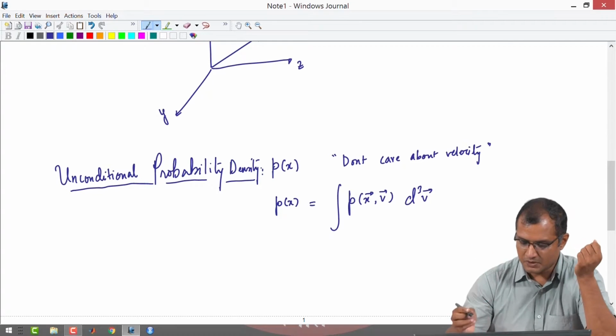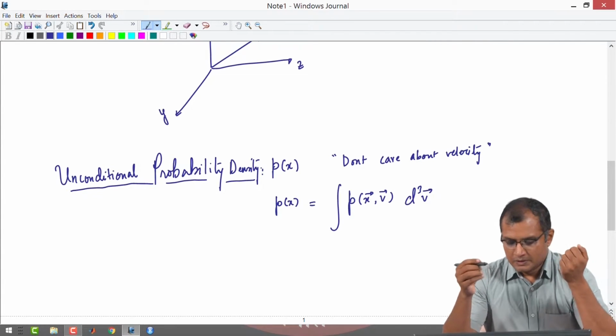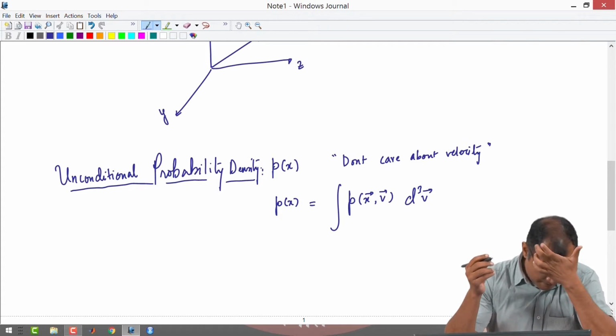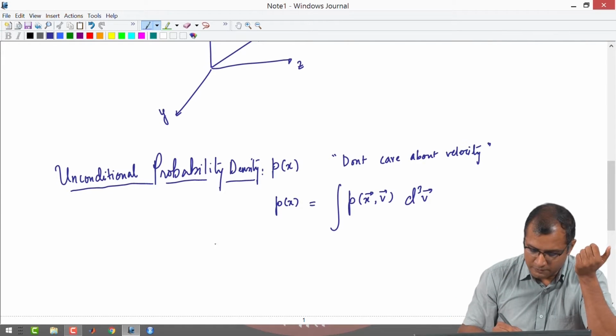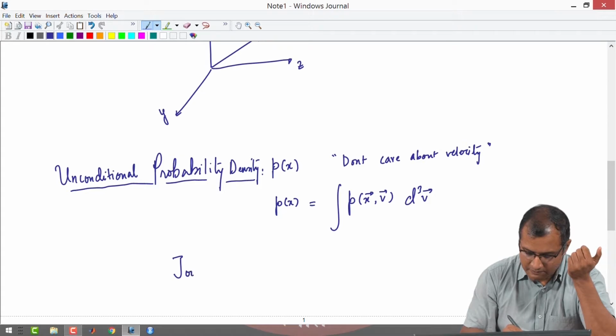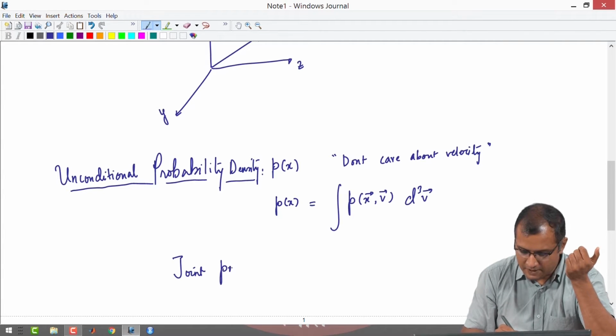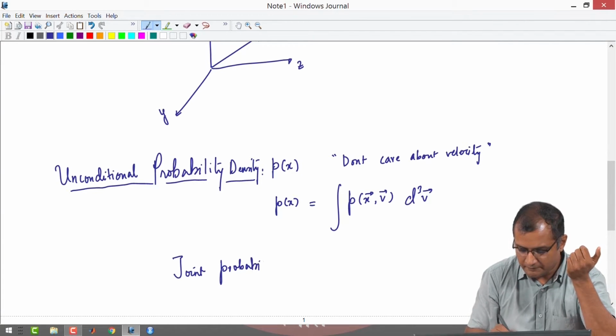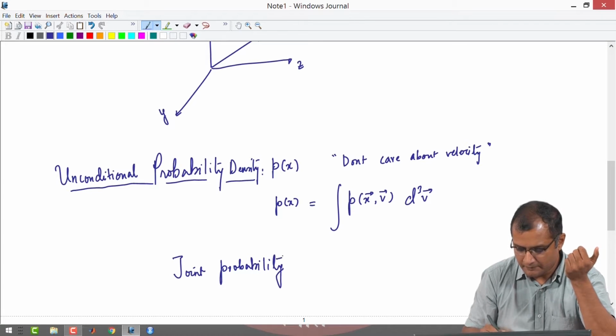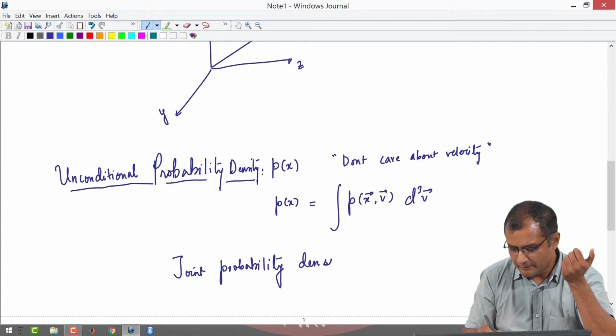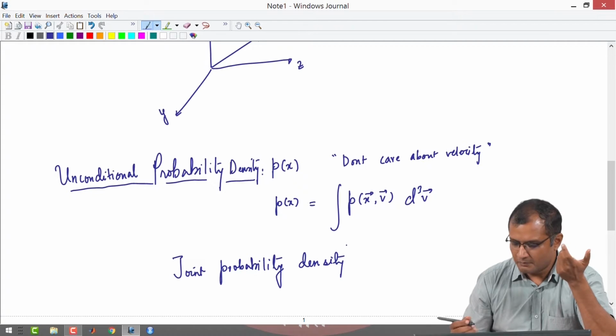Okay, so now this means that my total probability, or the joint probability density, must be normalized.